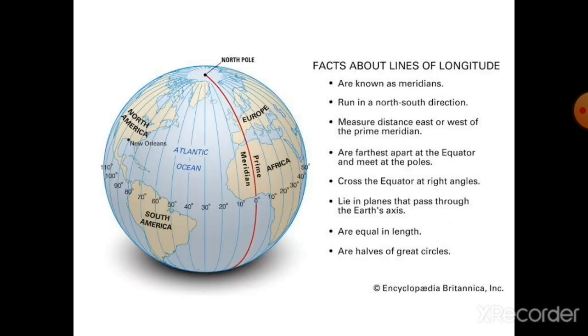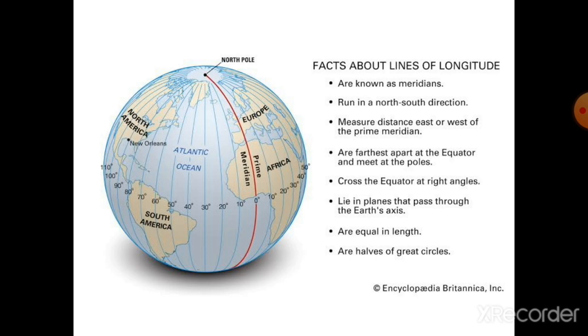Now, in the picture you are able to see all the longitudes clearly visible here. There are a few facts related to it. These standing lines are known as meridians.